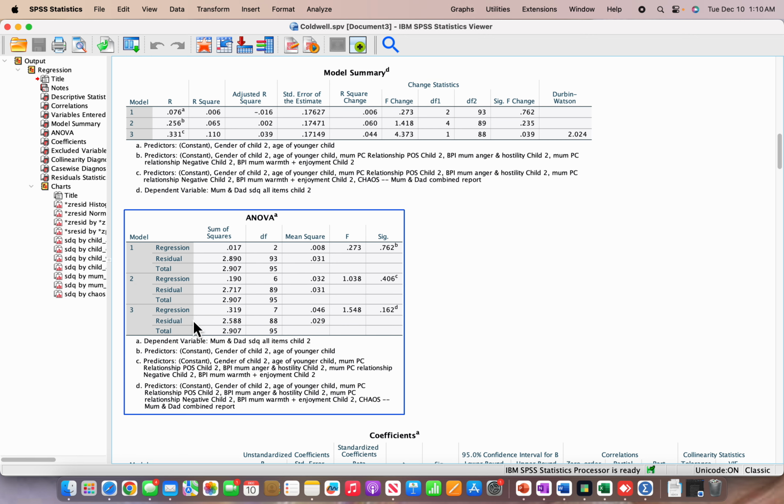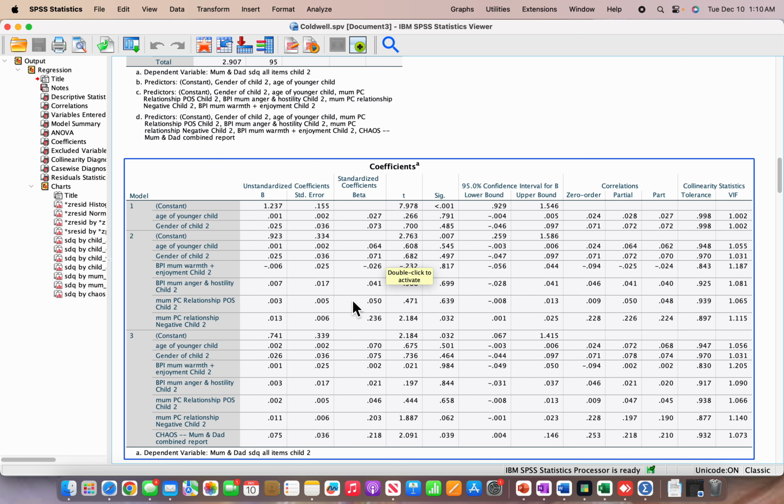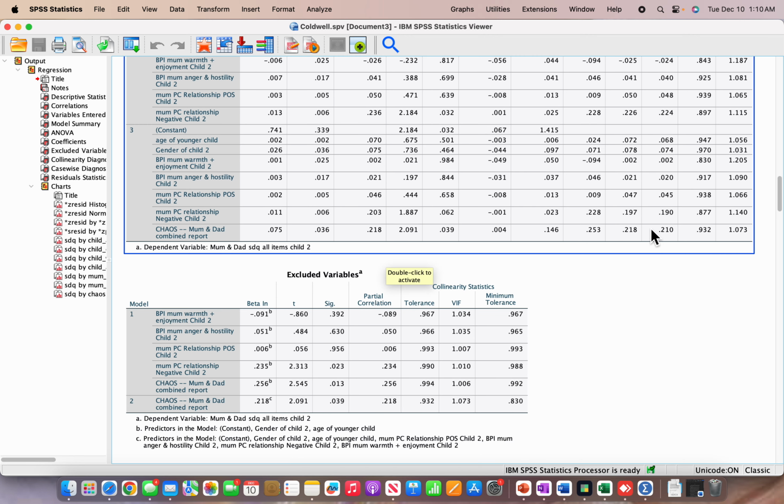And then ANOVA is going to give us our F value and our significance. And then for our coefficients table, it's going to show us our unstandardized B, our beta, our t-test, and also is going to give us our SR squared. So if you take part and square it, it'll give you your SR squared.